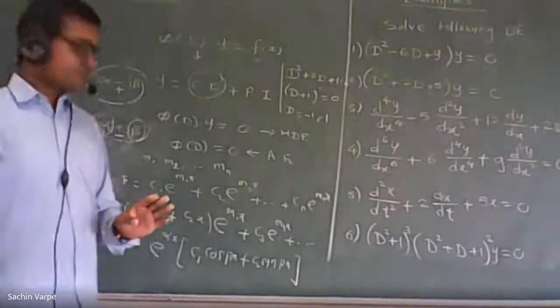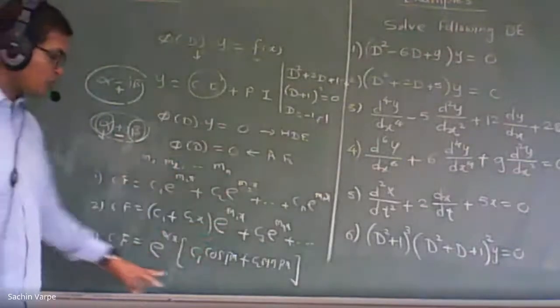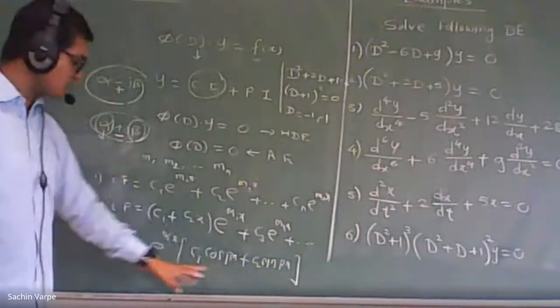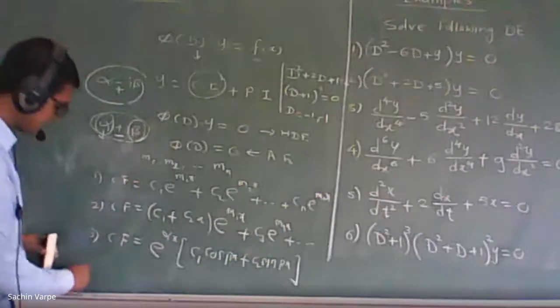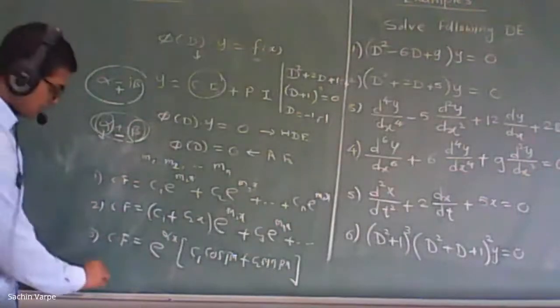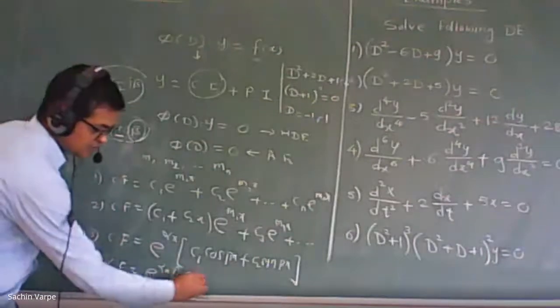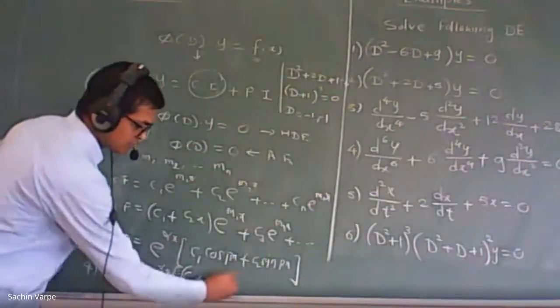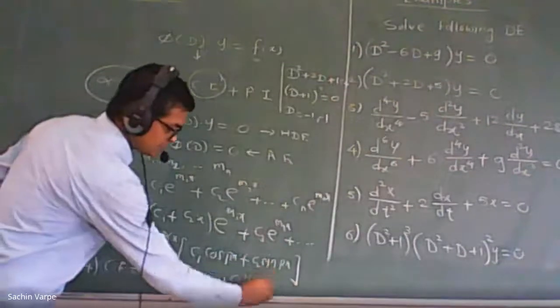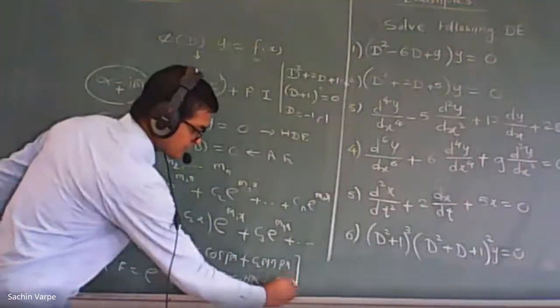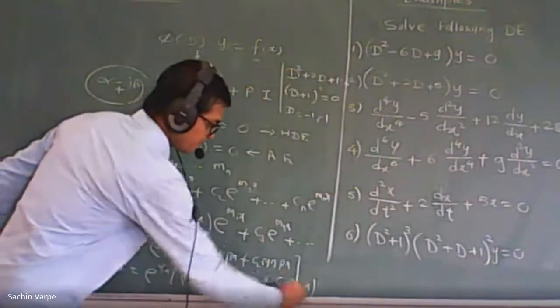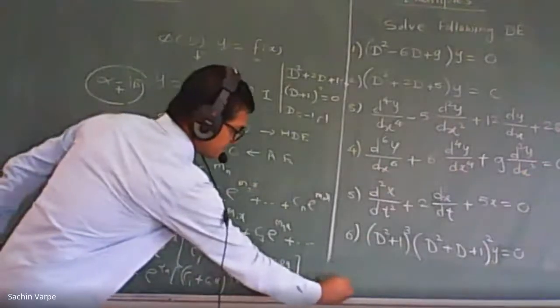Combined we have 4 roots, so 4 constants must be there. How do we write those constants? The complementary function in that case will be CF is equal to e to the power alpha x (c1 plus c2x) cos beta x plus (c3 plus c4x) sine beta x.